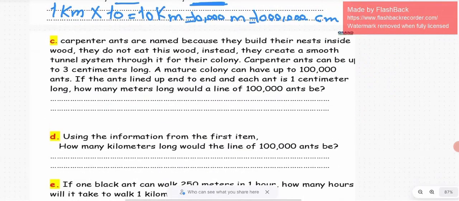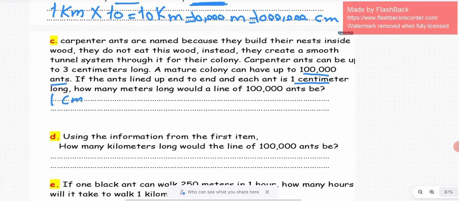Carpenter ants are named because they build their nest inside wood. They don't eat this wood. Instead, they create a smooth tunnel system through it for their colony. Carpenter ants can be up to 3 centimeters long. A mature colony can have up to 100,000 ants. If the ants lined up end to end and each ant is 1 centimeter, how many meters long would a line of 100,000 ants be?